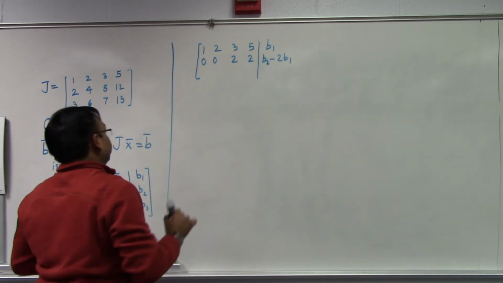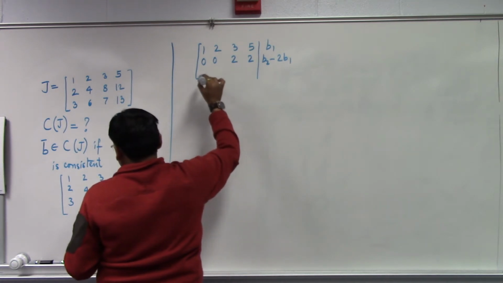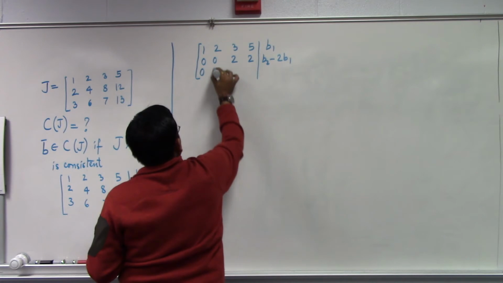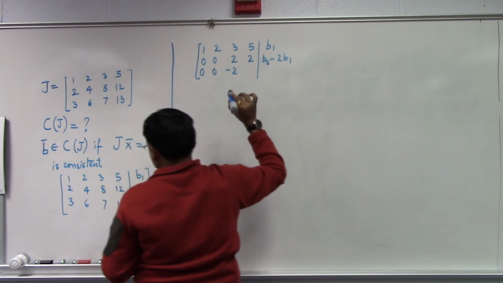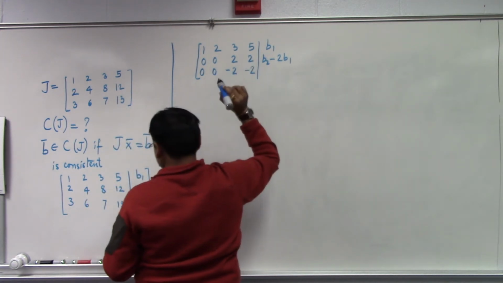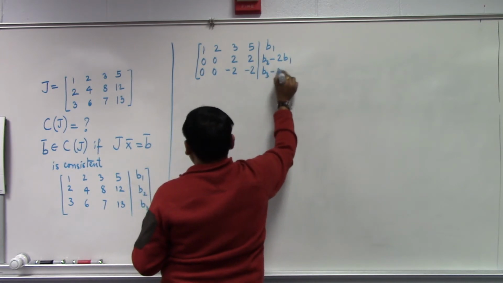Likewise, I can take row 1 and try to get zeros in row 3. Minus 3 times row 1 added to row 3 will give me minus 2, and this would be a minus 2 over here, and this would be B3 minus 3B1.